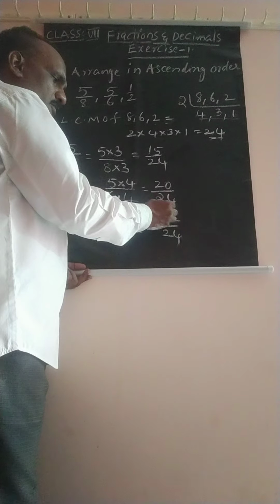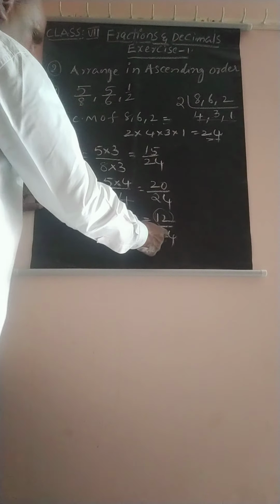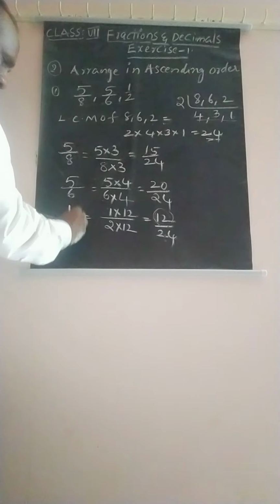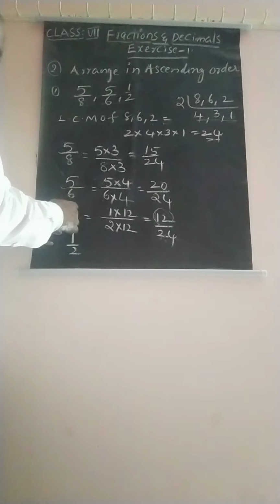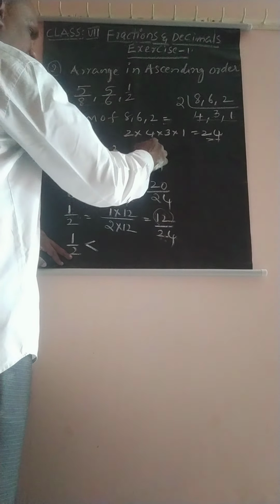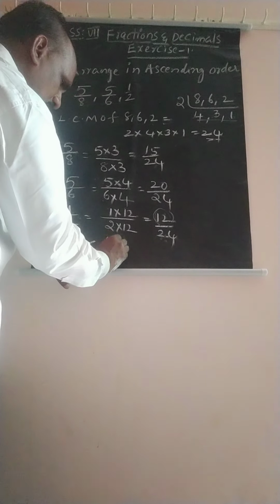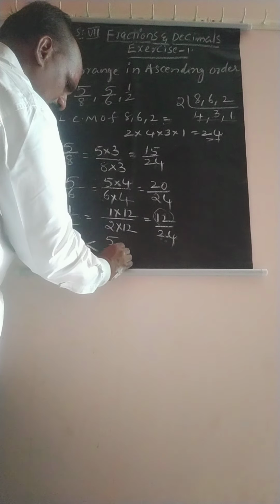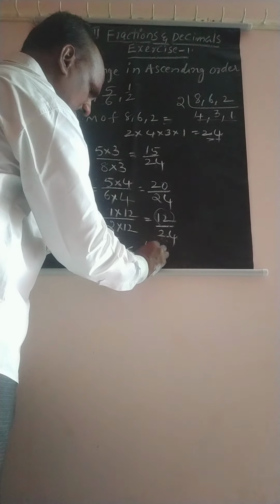What is the smallest numerator? 12. So first 12 by 24, which is 1 by 2. Next 15 by 24, which is 5 by 8. The remaining one is 5 by 6.